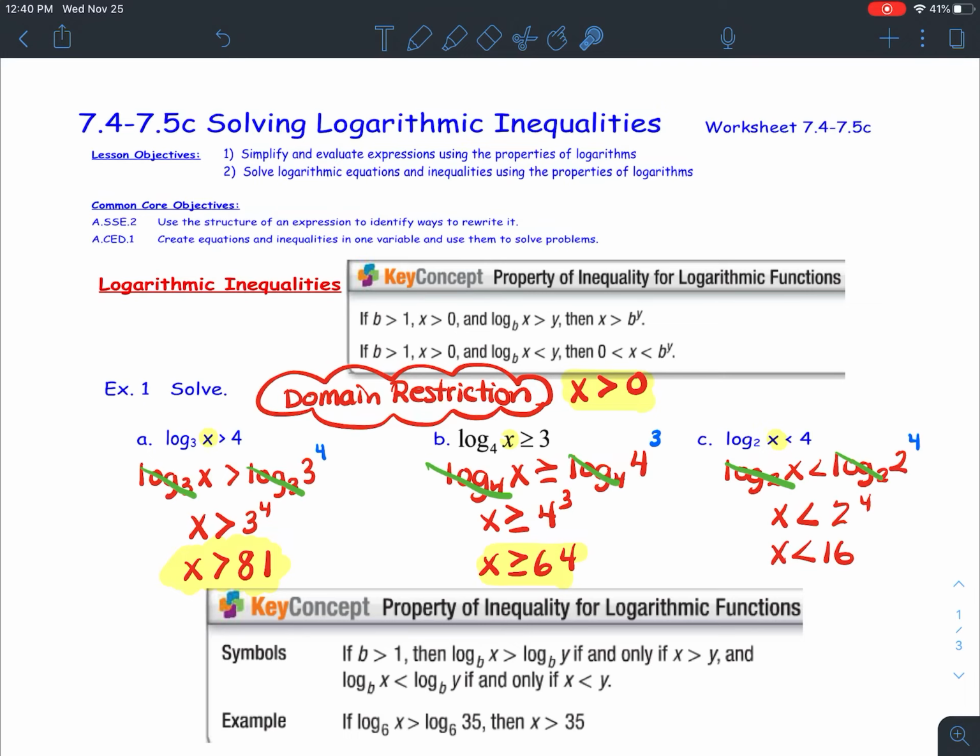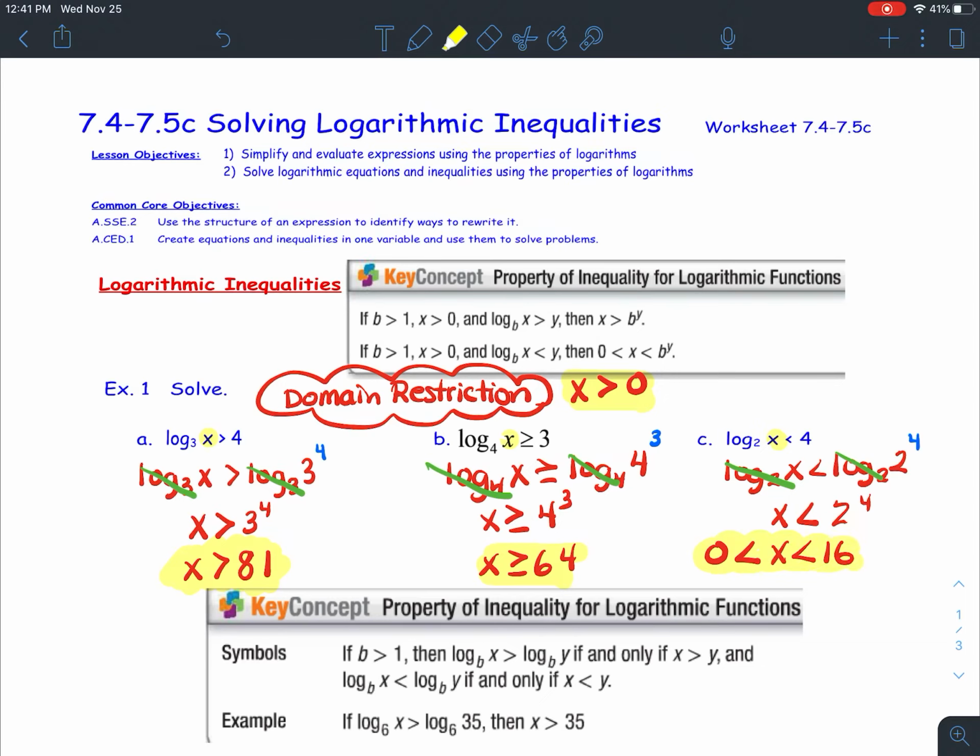And so we need to make sure that we're not circling an answer that would indicate that some of the answers could be in violation of our domain restriction. We're okay with our answers being smaller than 16 as long as they don't dip below 0. So what you're going to do is attach this symbol to your answer.